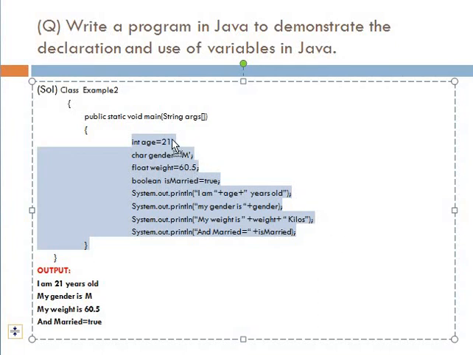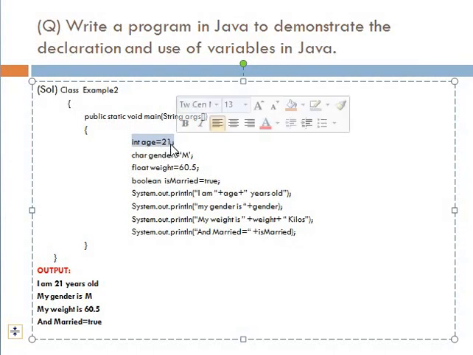Now look at the first statement. It says int age is equal to 21 followed by a semicolon. Here int is the data type, age is the variable name, equal to sign is the assignment operator, and 21 is the value. The value that has been assigned to this variable called age is 21.